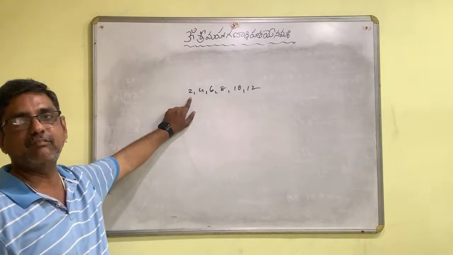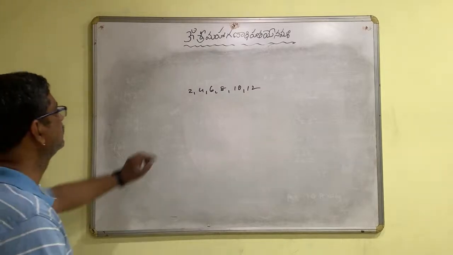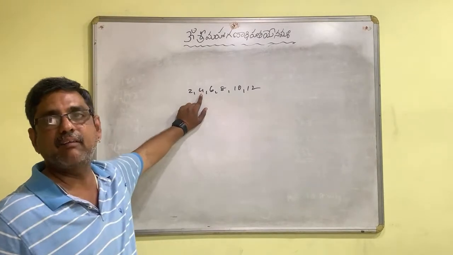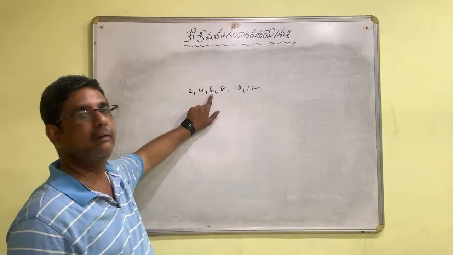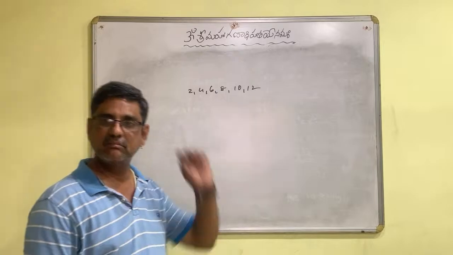First bell will ring after every 2 minutes. Second bell will ring after every 4 minutes. Third bell after every 6. Sixth bell after every 12 minutes. Okay?